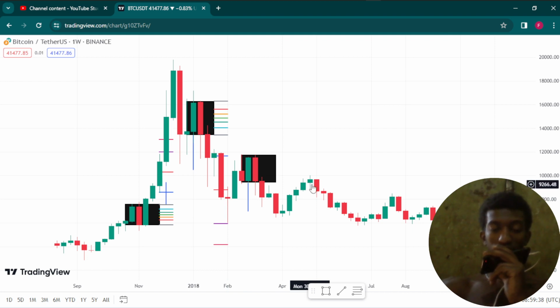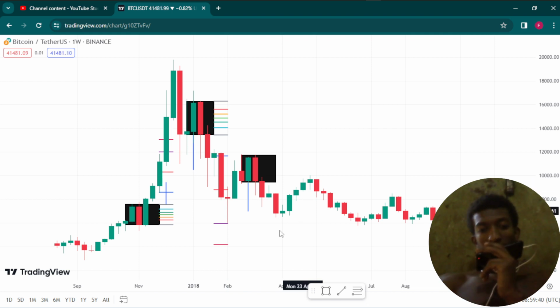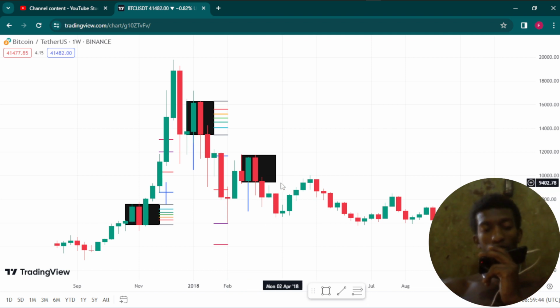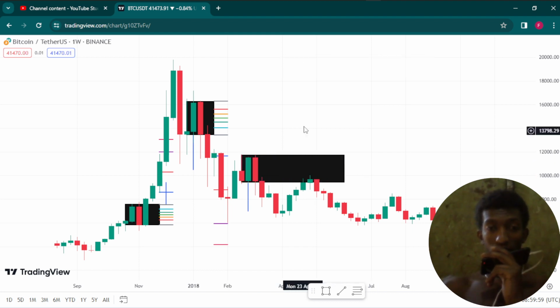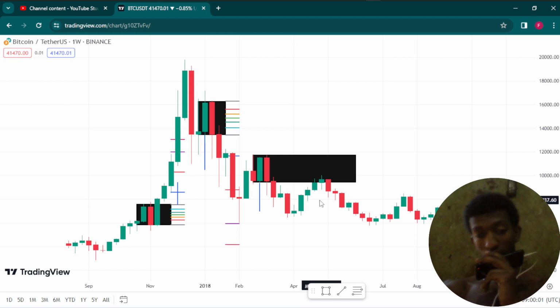Retraced back. So in this case, if you had trailed your stop here to your entry point, then you would be out of the trade, because as you can see, the market retraced and retested this thing right there. Let me scroll it. Let me expand it to the left, to the right.